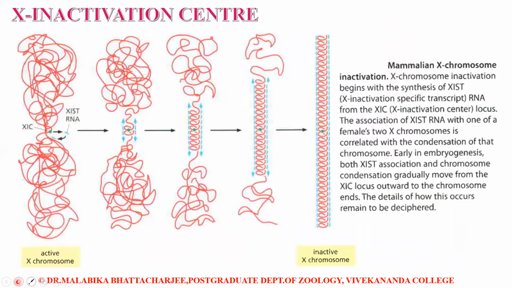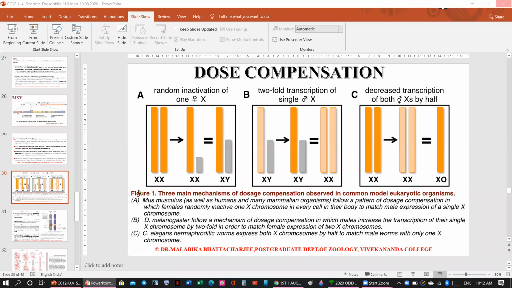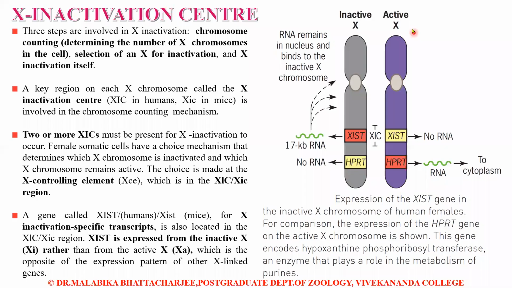This is the X inactivation picture. As you can see by this picture, this is the mammalian X chromosome. So, as I said, there is this X controlling element which is in the X inactivation center.